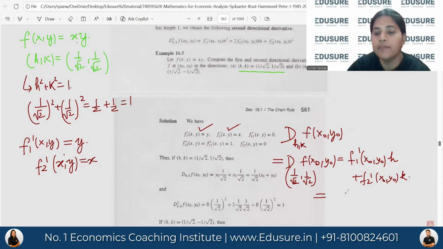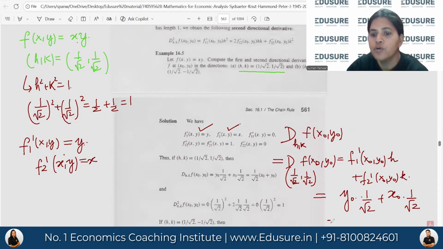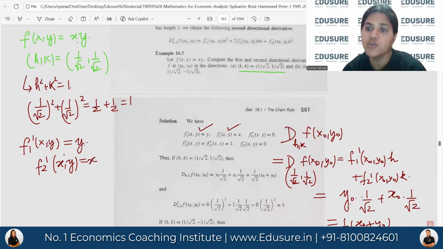So what is f1 prime? f1 prime is y, and we are talking about the point y naught. So it will be y naught into 1 by root 2 plus x naught into 1 by root 2. So that is 1 by root 2 times x naught plus y naught. And now x naught comma y naught is a point in the domain, so x naught and y naught can be any points in the domain. Give them values and find out the directional derivatives.